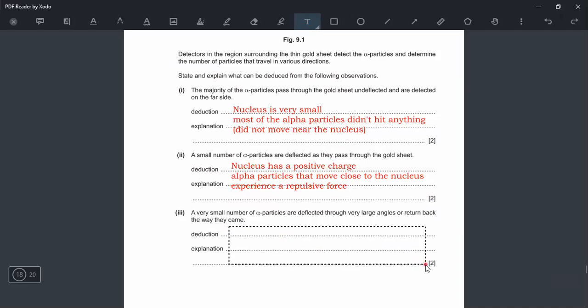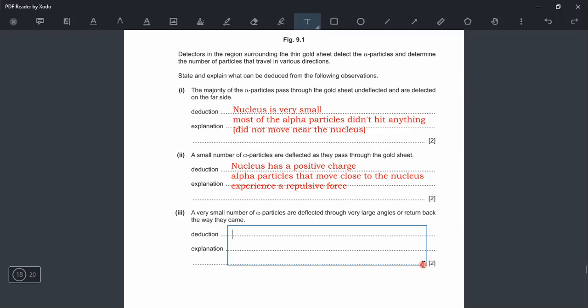And finally, a very small number of alpha particles are deflected through very large angles, or basically return back from whence they came. Oh, okay, that sounded ominous. But why do they go back? Why do they get repelled?